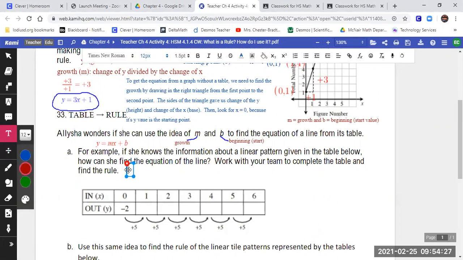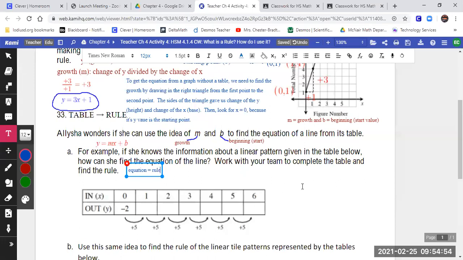Do I need to put that in there too? Because I'm thinking some of you might be getting all mixed up, because equation equals rule. Okay, she wants to know if she can use the idea of growth, M, and start value, B, with the given table down below to make the equation, which is the rule.